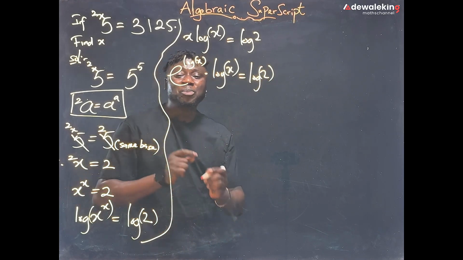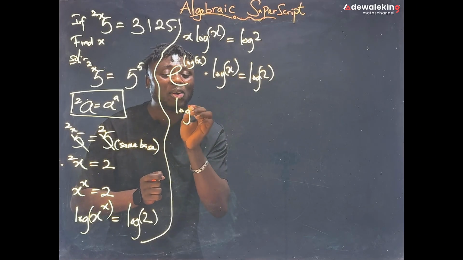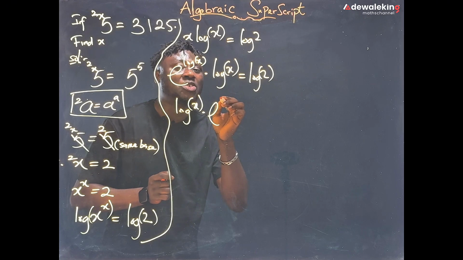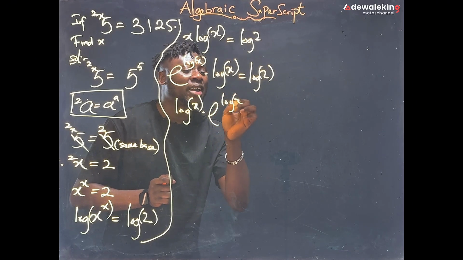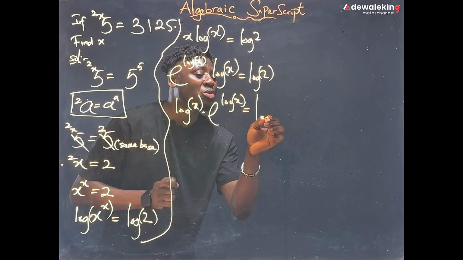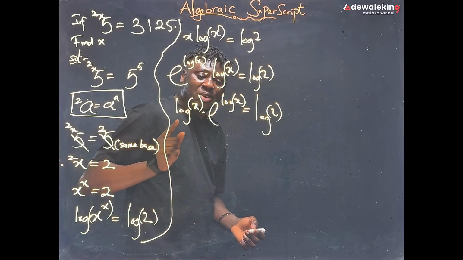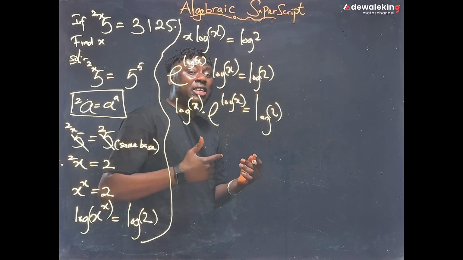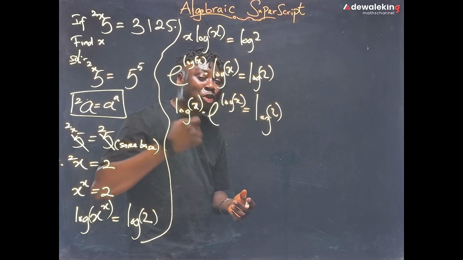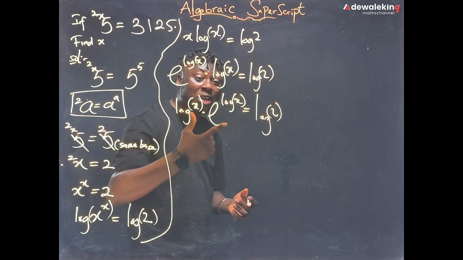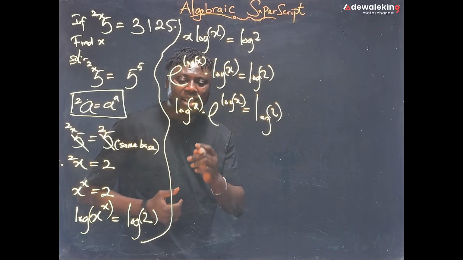So this is the same thing as log x multiplied by exponential log x, which is equal to log 2. Now, you can see from here that we can apply the Lambert W function.